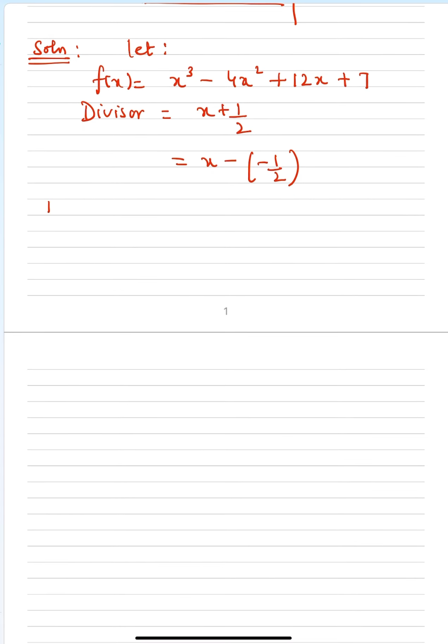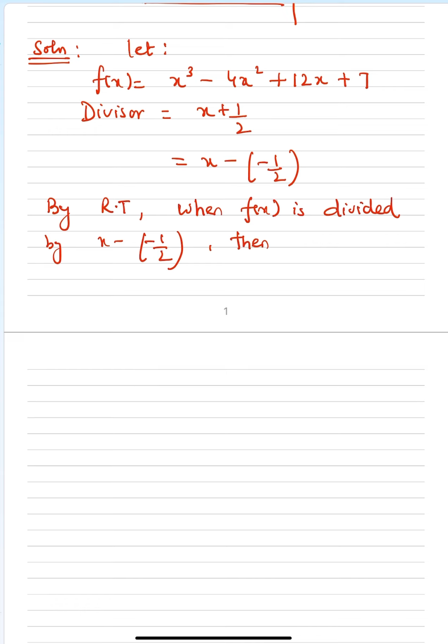Now by the remainder theorem, what do we have? When f of x is divided by x minus, minus 1 upon 2, then what is the remainder? We know that when p of x is divided by x minus alpha, the remainder is p of alpha.